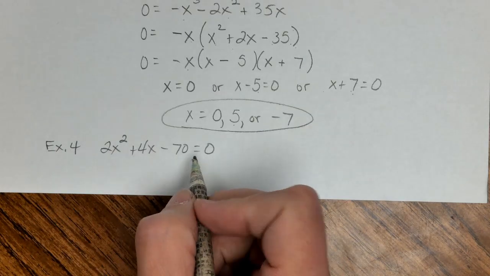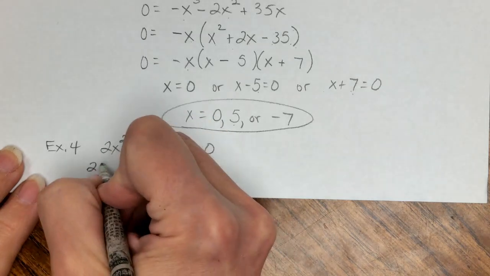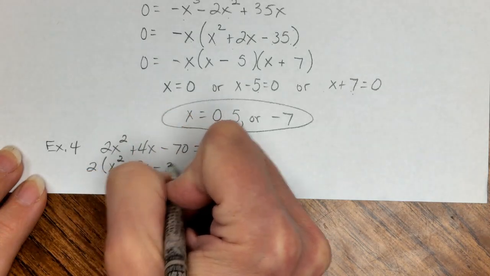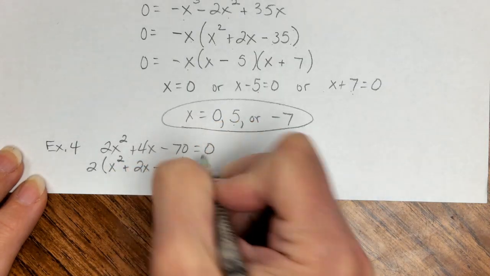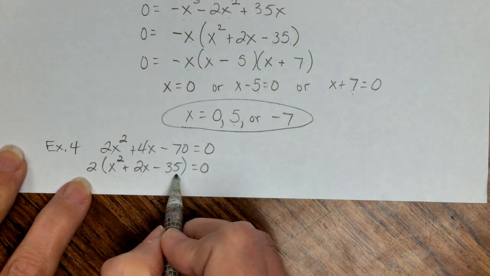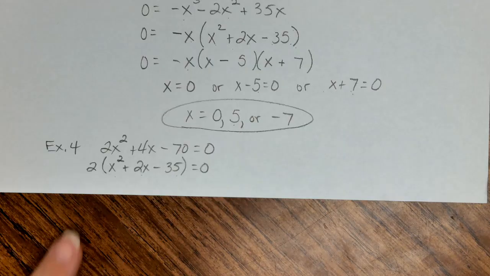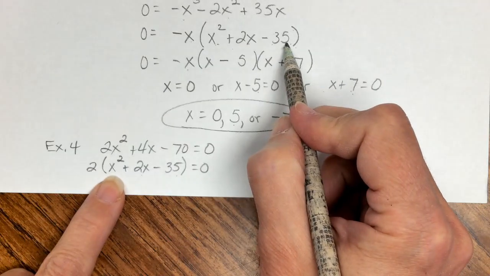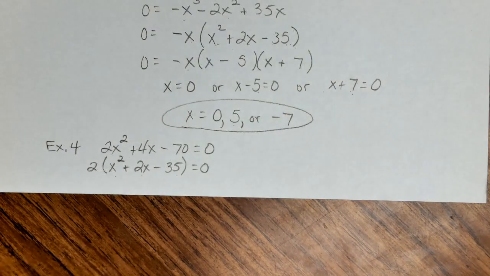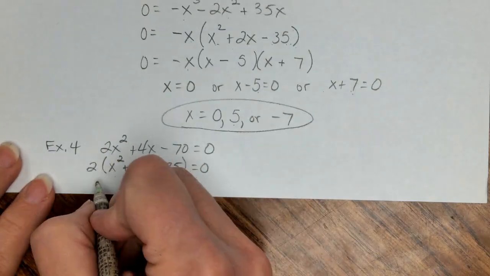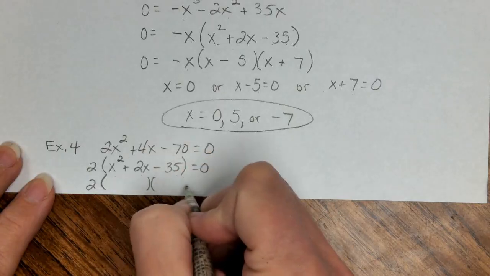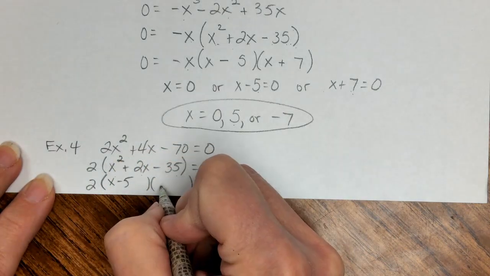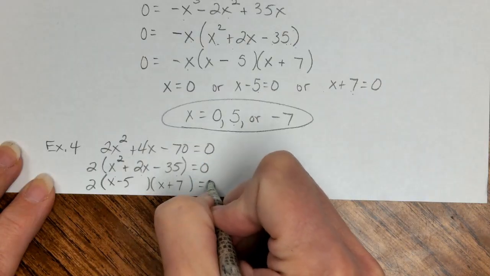All of those are even, so we can factor out a 2. Okay, so 2x squared, 4x, negative 70. Oh, look, x squared plus 2x minus 35. This part's the same as example 3. We know how this factors. So 2 times x minus 5 times x plus 7 equals 0.